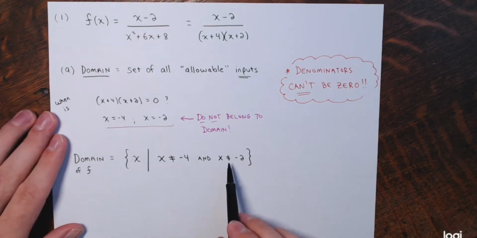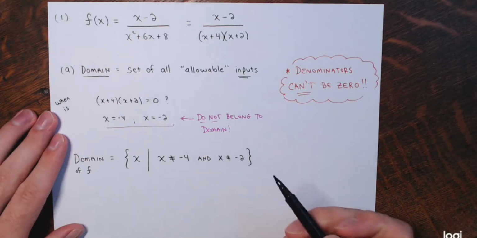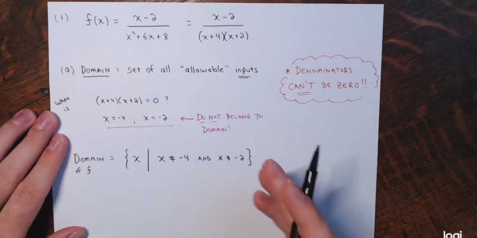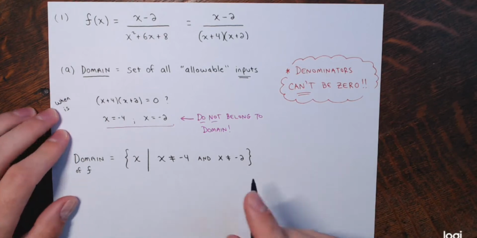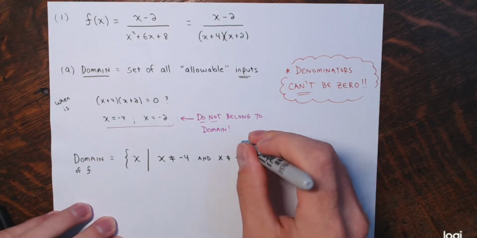Both of these have to be true. That's why I put "and". Now you could just put a comma as well; I've seen that's allowable. This is a totally valid way of expressing the domain. And again, this is called set builder notation.